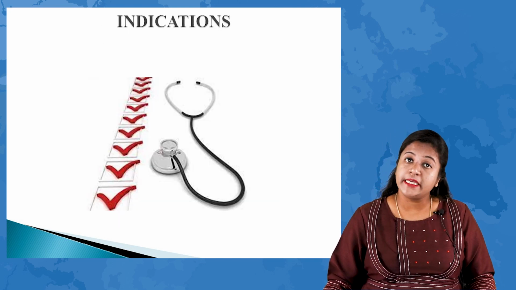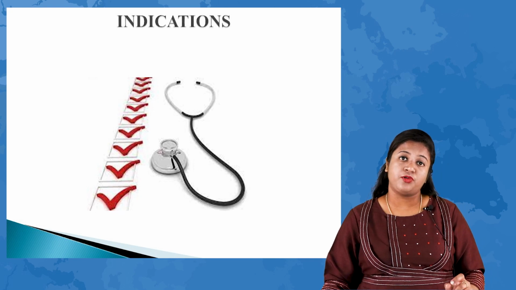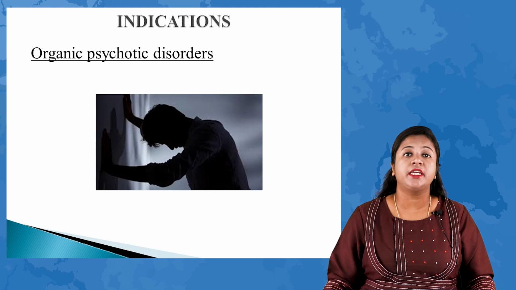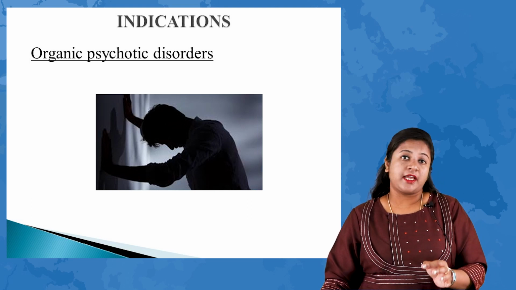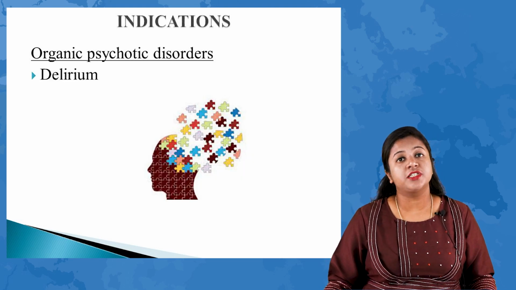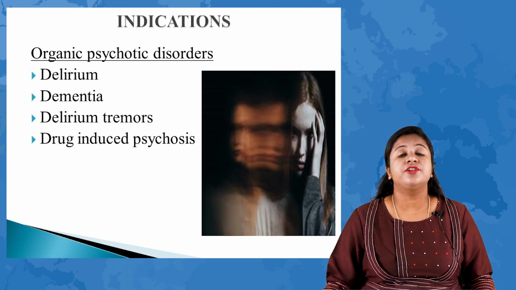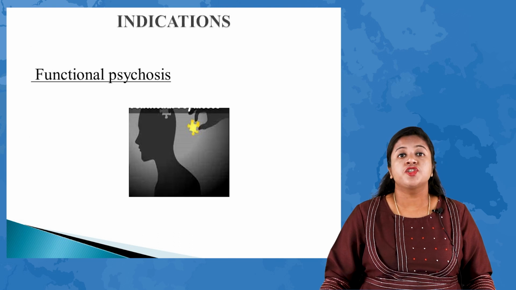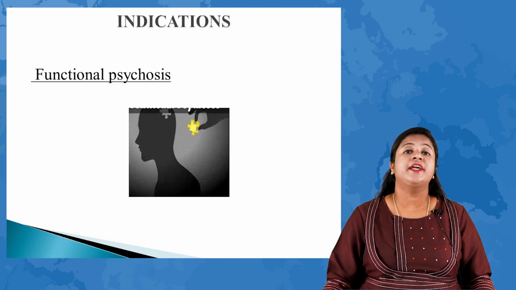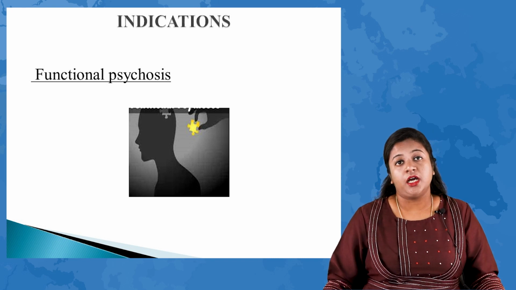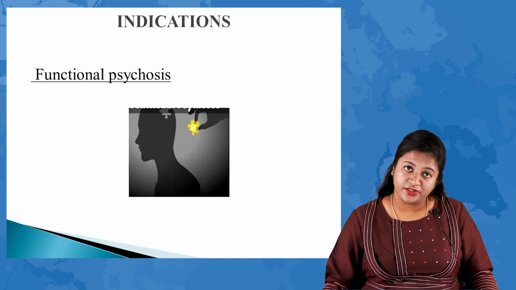Moving on to the indications of these antipsychotic drugs. Especially, these antipsychotic drugs are given in organic brain psychotic conditions, which include delirium, dementia, delirium tremens, and drug-induced psychosis. If you take the functional psychotic conditions, we have a list of these disorders wherein the antipsychotic drugs are prescribed.